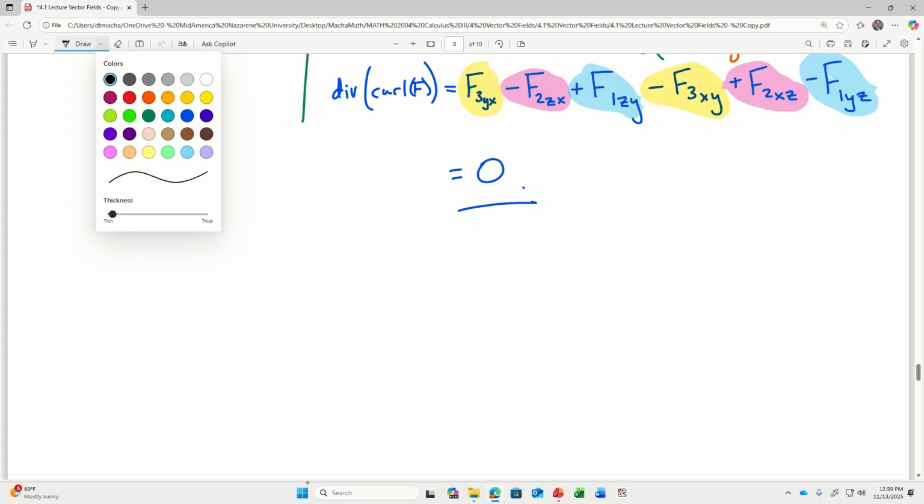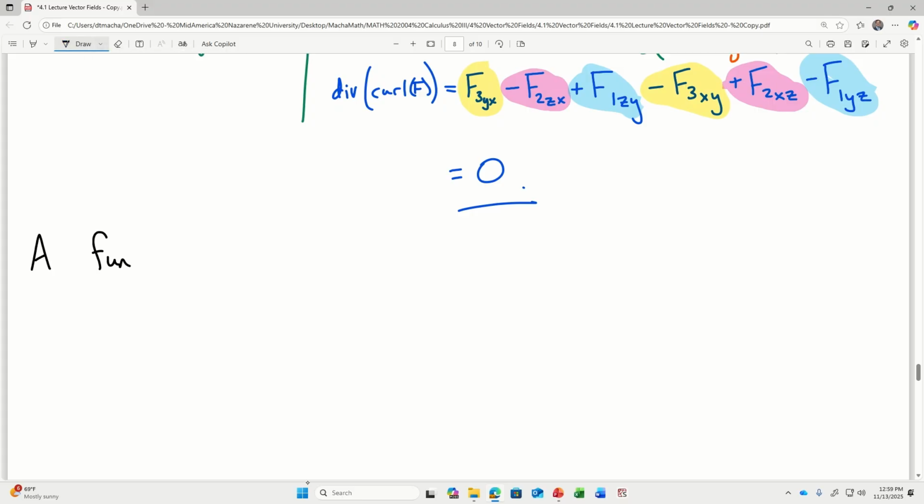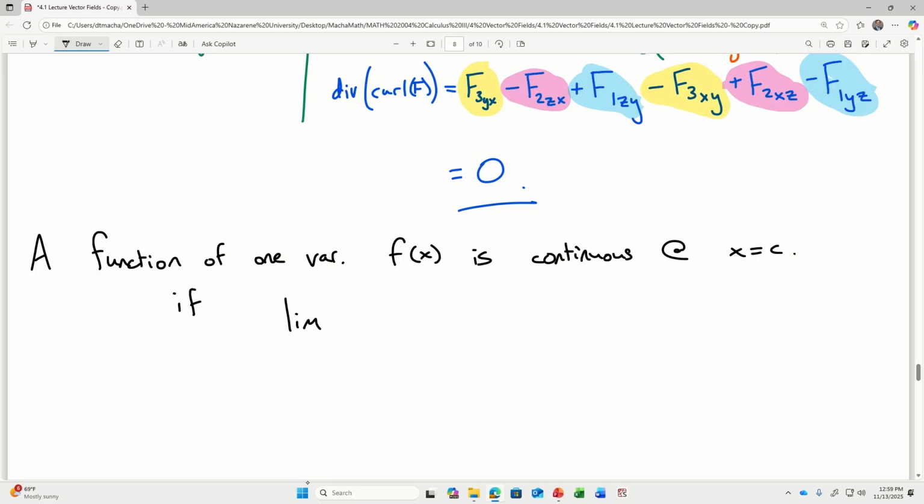Continuous means a function, and we're going to think first about a function of one variable, like f of x, is continuous at a point c if the limit exists and the limit is equal to the value of the function there.